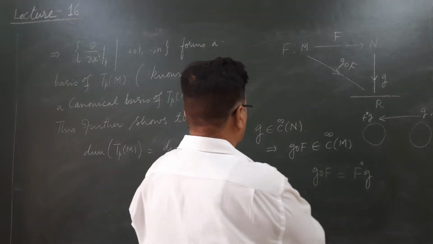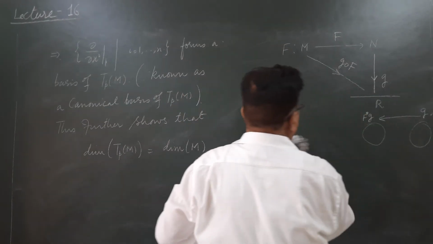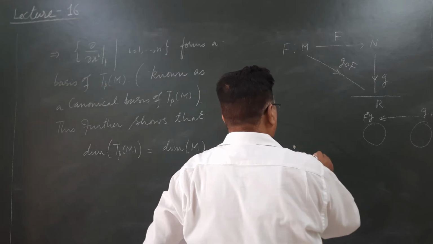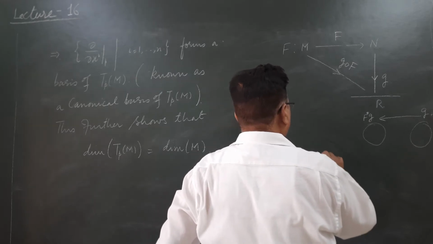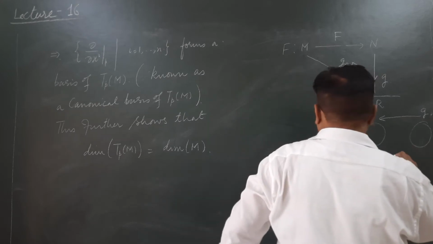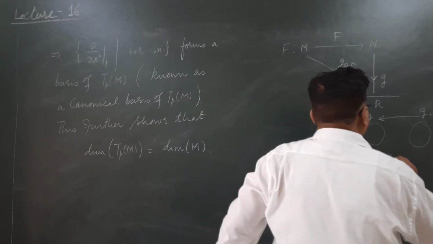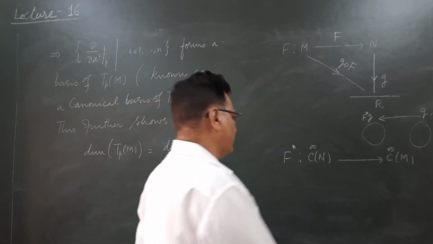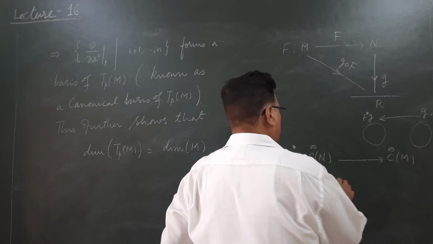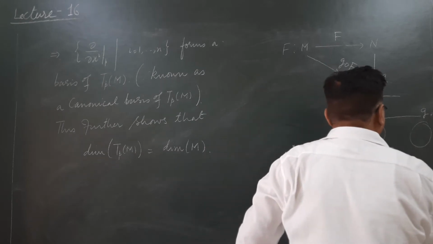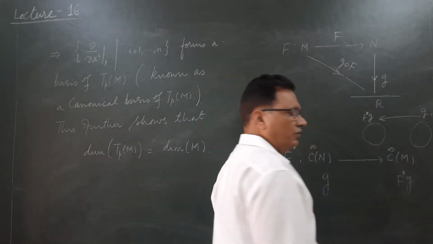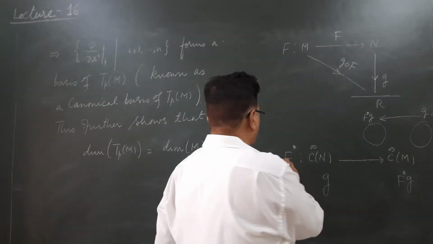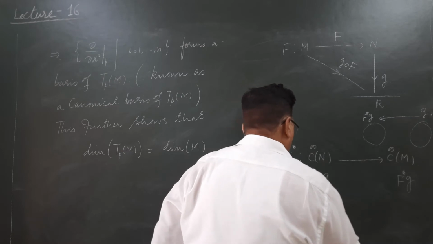What is F upper star doing? It is a map from the space of functions on N to the space of functions on M, C infinity. And how is it defined? It picks a function g over here and gives you a function F upper star g on M. And this map is called the pullback map. We call F star a pullback map.